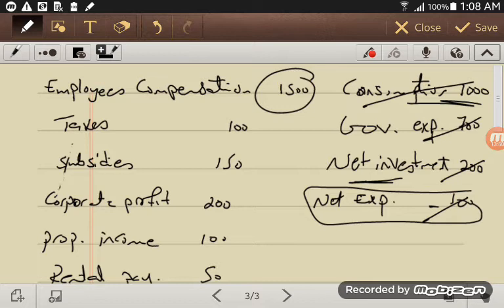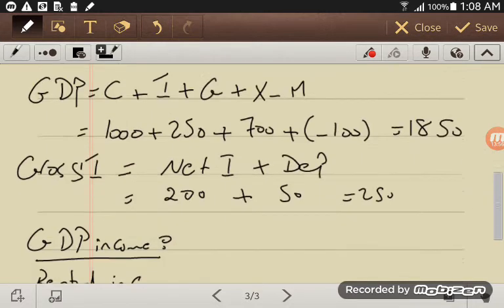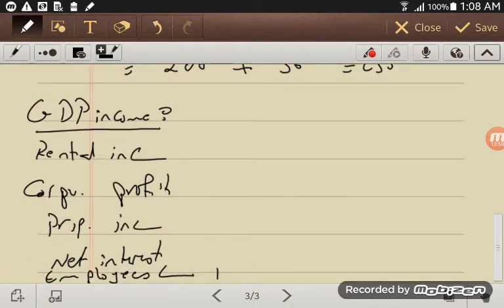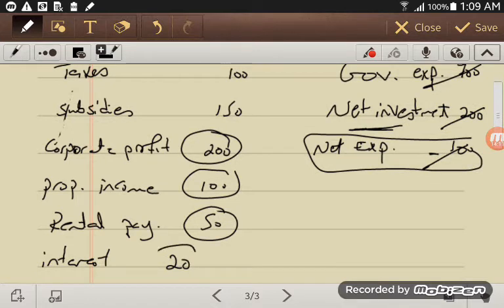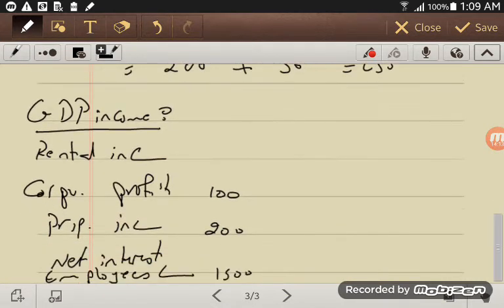Employees compensation 1500, corporate profit 100, proprietors income 200. Rental payment 50, net interest 20.